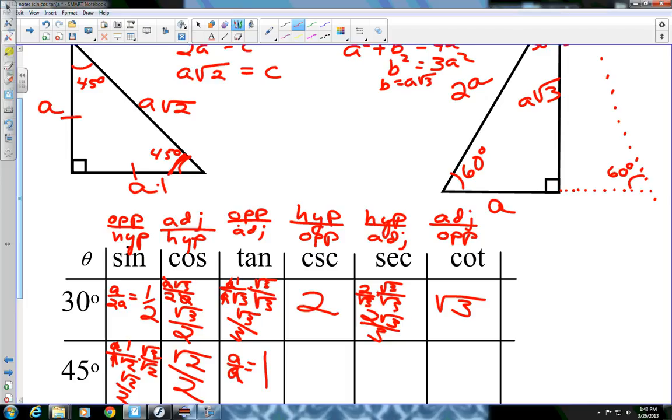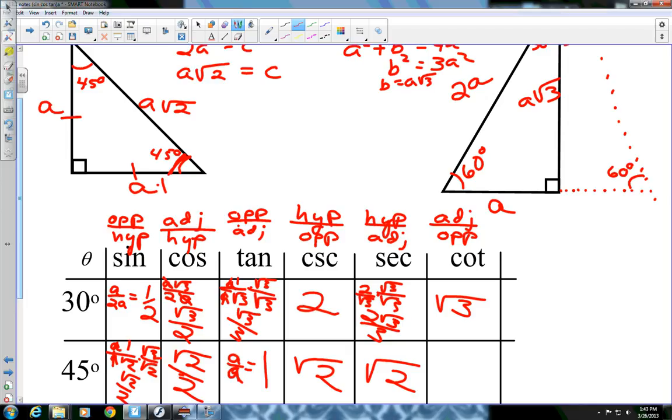Okay, so now we get to do the cosecant. Hypotenuse over opposite. Well, A root 2 over A is going to be root 2. Same for the secant. Since it's 1 over the cosine and the sine and cosine were the same, the secant is going to also be root 2.